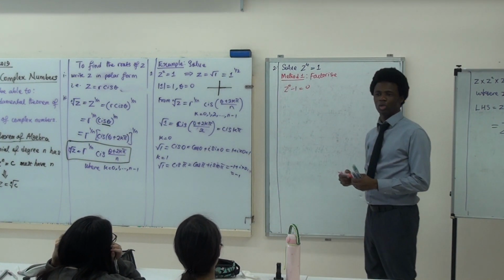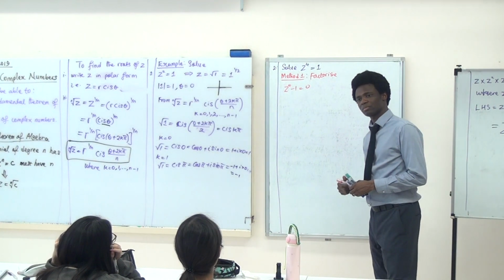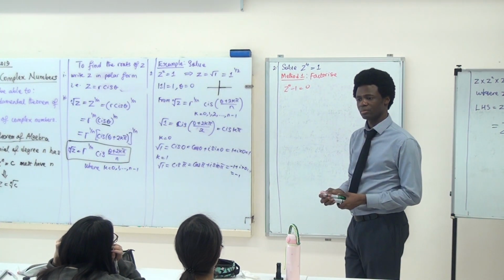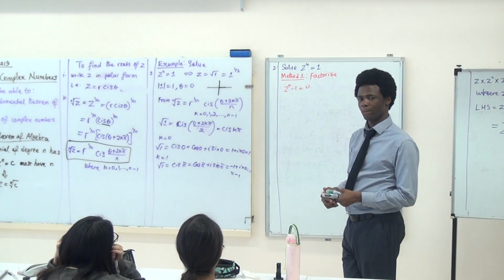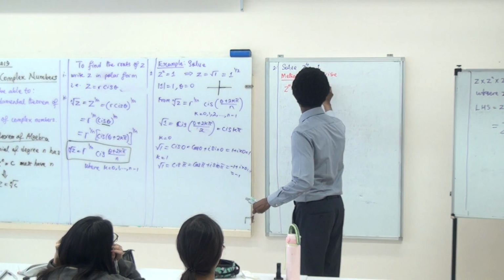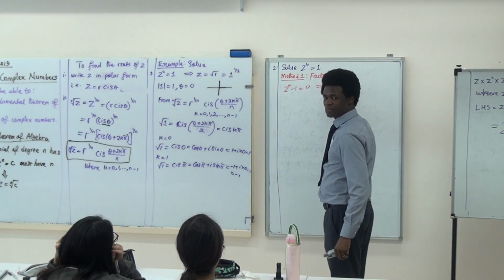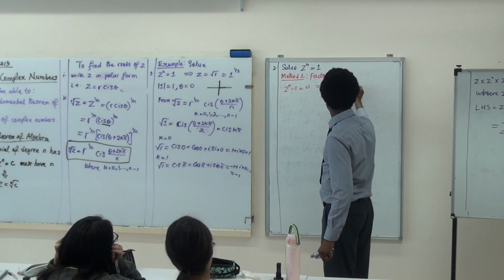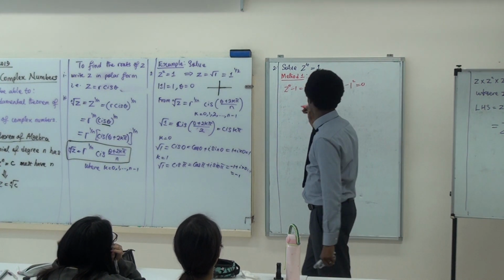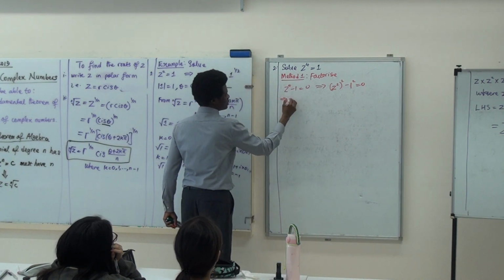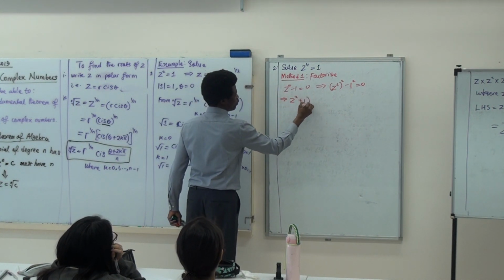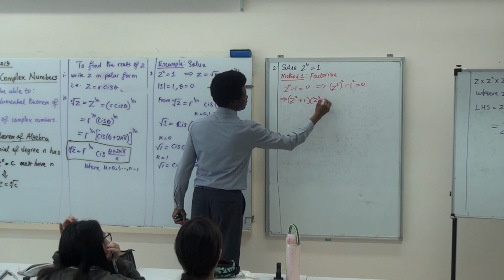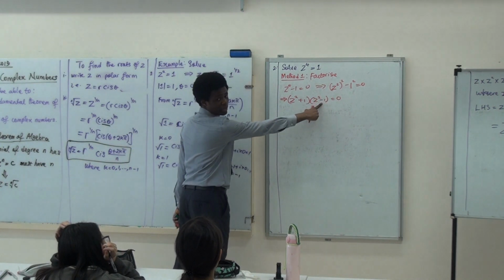By factorization, what do I do? Yes, tell me what to write. Good. So what does that give us? z squared plus 1, yes? This can still be factorized.